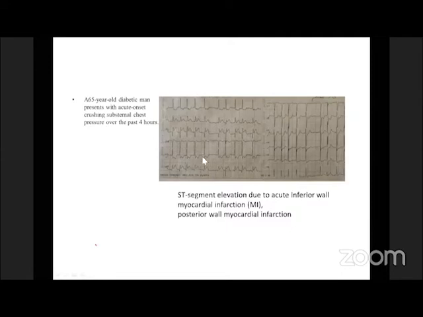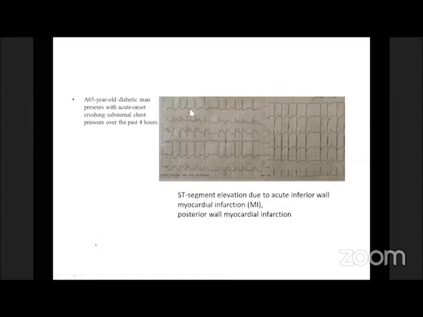This is another example. This patient is a 65-year-old diabetic presented with chest pain. In this ECG also, there is ST segment elevation, but this ST segment elevation is different from the previous one. It is localized, just involving the inferior leads, and there are reciprocal changes. What's reciprocal change?